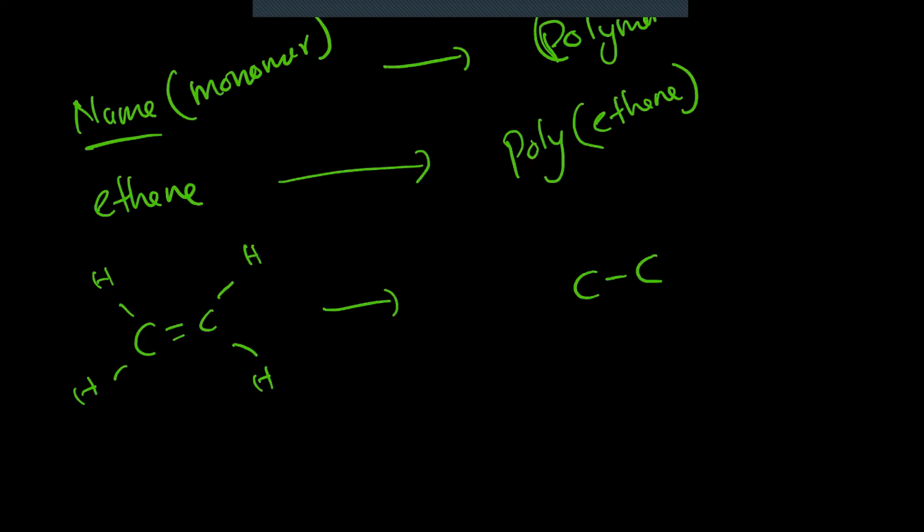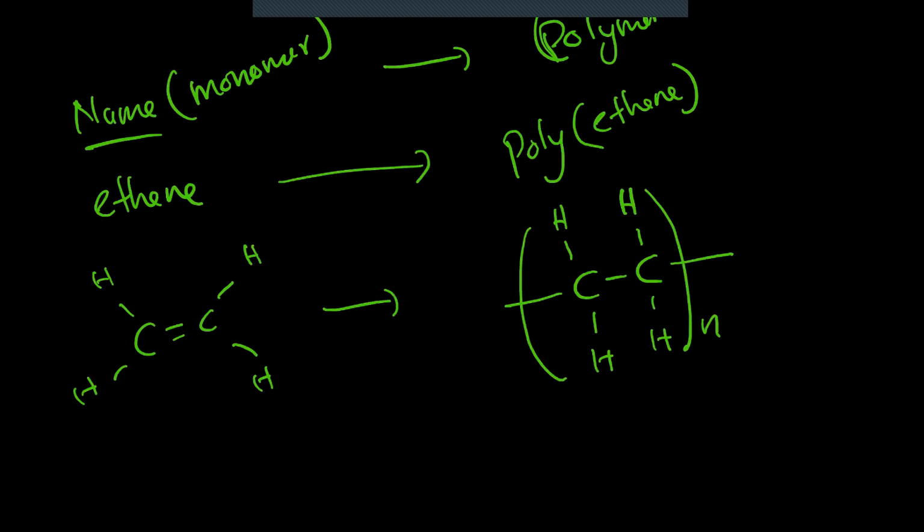When the double bond is broken, there will be a continuation line on both sides, which means the same structure in the middle, 2 carbon and 4 hydrogen, will continue from the right side and left side. And then we introduce a bracket and n.